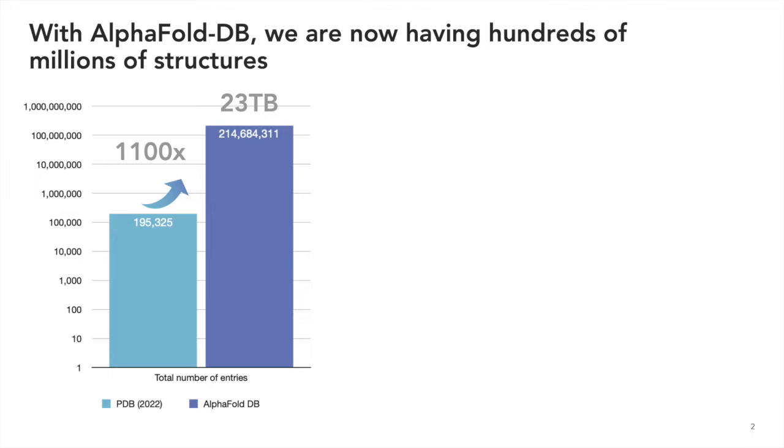As AlphaFold succeeded in predicting high quality protein structures, we now have hundreds of millions of protein structures publicly available. The AlphaFold team has published 240 million UniProt protein structures, a 1,100 times increase compared to the PDB database.